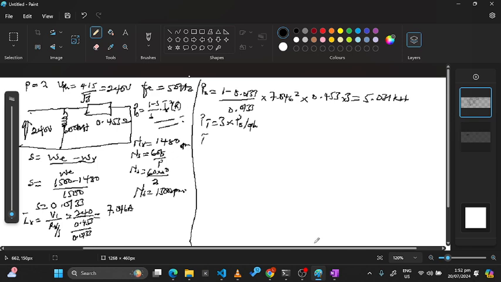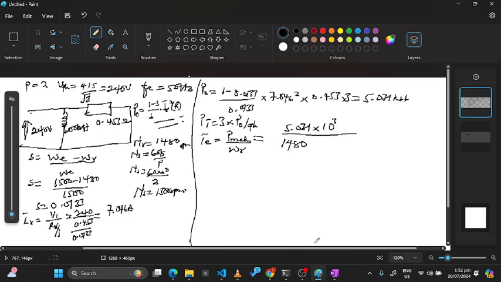Okay, so now I have the power. We know to find the torque, the torque is equal to the total mechanical power divided by the speed of the rotor. We have the total mechanical power and we know the rotor speed. So this is going to be 5.031 times 10 to the power 3, all divided by the rotor speed, which is 1480 RPM.